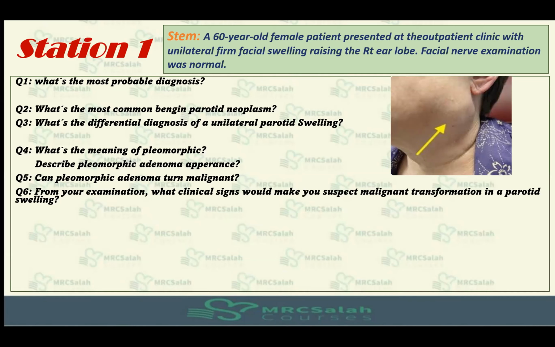From your examination, what clinical signs would make you suspect malignant transformation in a parotid swelling? First, the seventh cranial nerve affected, the presence of secondary lymph nodes, rapid increase in size, fixation to underlying tissue, skin involvement or fixation to the skin, or skin alteration.